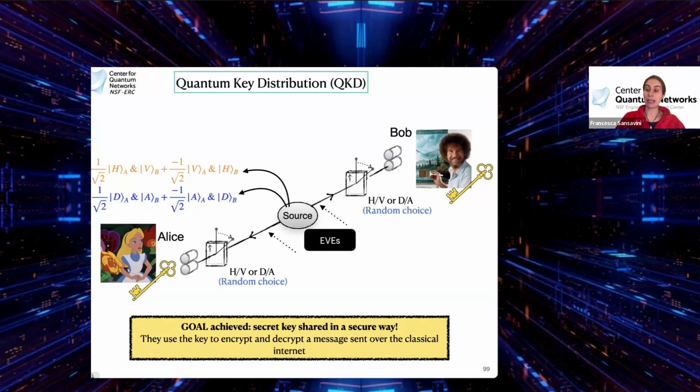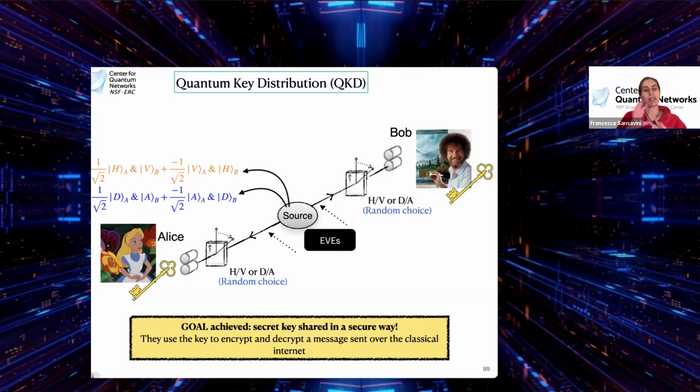The key itself is classical, because it is a sequence of zeros and ones, and they will use the key to encrypt and decrypt a classical message which is sent over the classical internet. But the way of creating the key has used entanglement. That's why we refer to it as quantum key distribution.